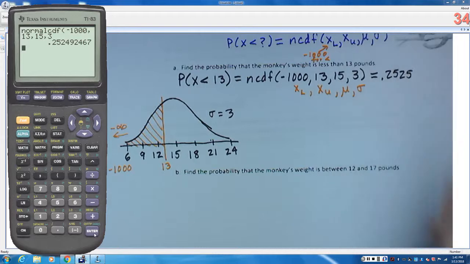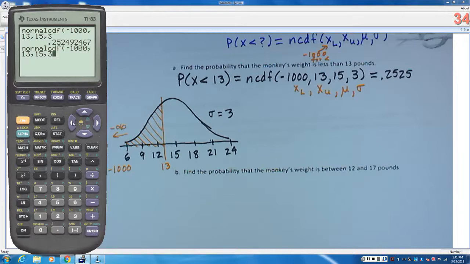One of the most common mistakes is to leave off the mean and standard deviation. If I do that, and if I just hit delete, there we go. If I leave off the mean and standard deviation, it thinks it's the standard normal curve, and it gives me an answer of 1. Why is it giving me an answer of 1?